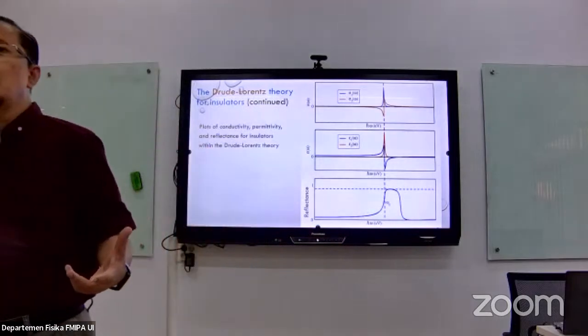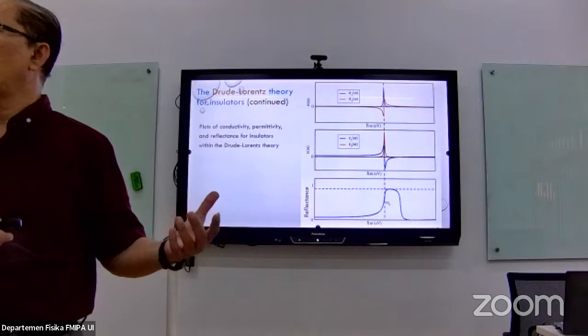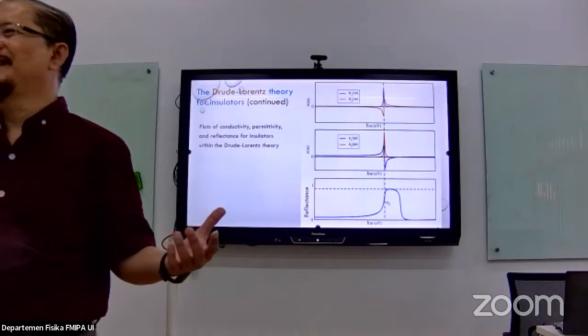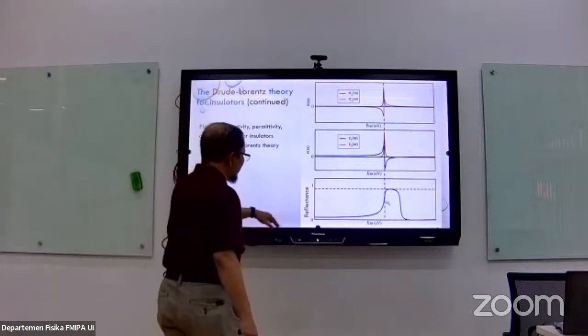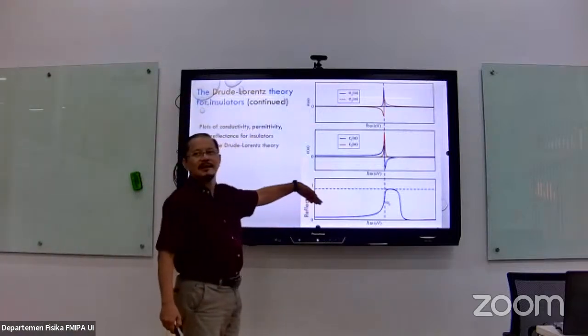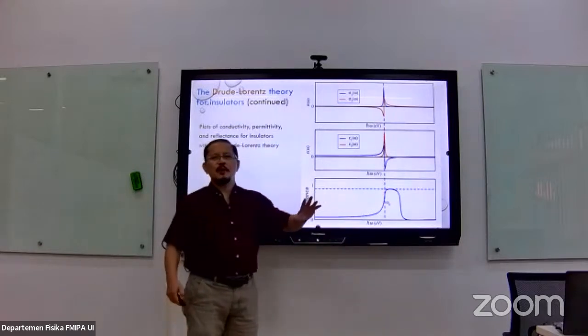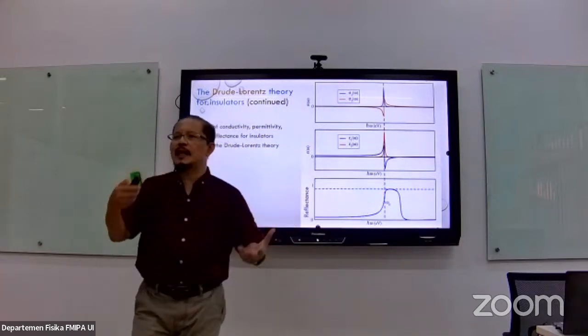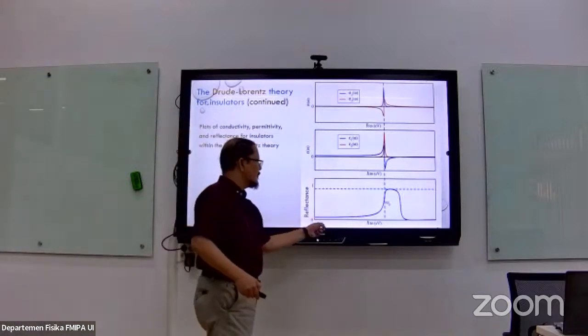But the question is, where is the visible light region? Typically, the visible light region is over here, not over here. So when we want to talk about how insulators respond to visible light, we need to look at this region.